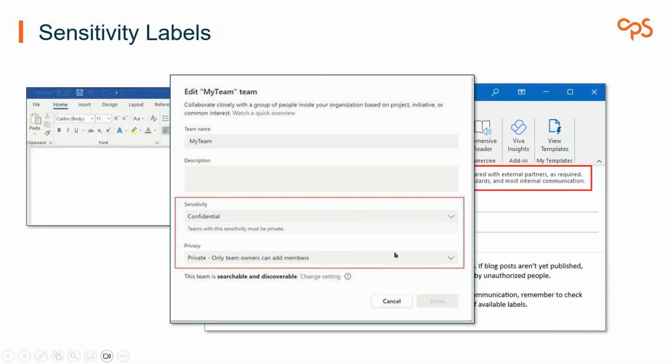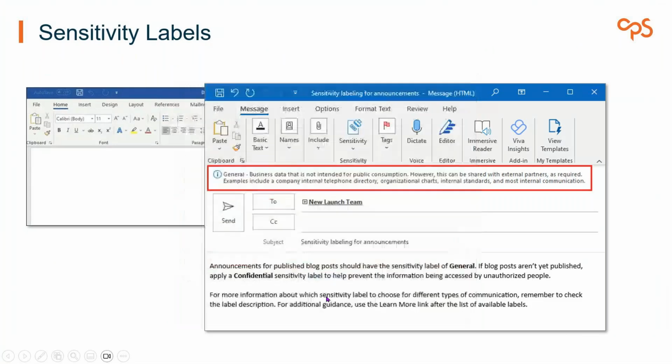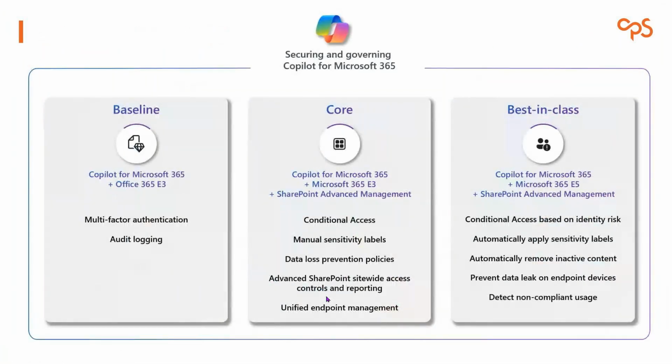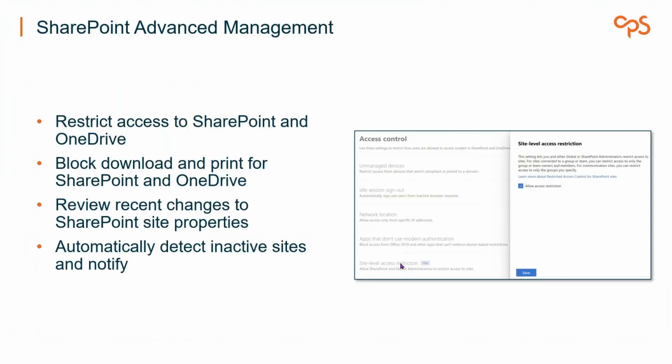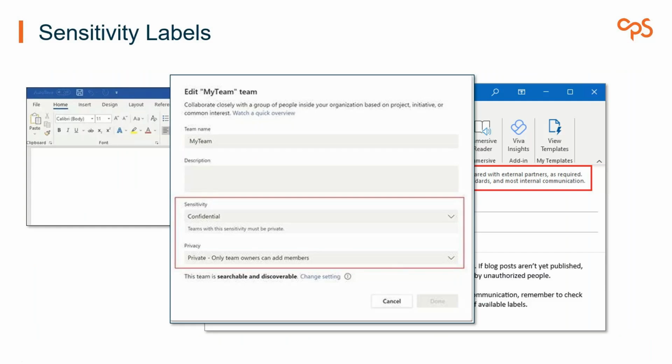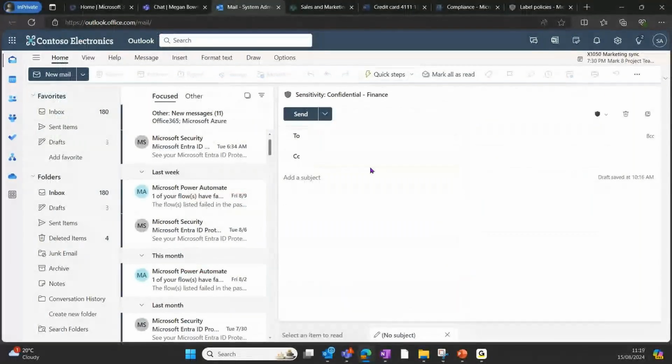All right, so the other one to be aware of, in addition to sensitivity labels, is data loss prevention policies. Data loss prevention is something you have in your Microsoft 365 E3 licensing, and it allows you to create a restriction on Teams messages and files, and it prevents the oversharing of sensitive information.